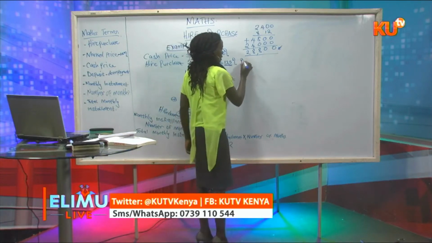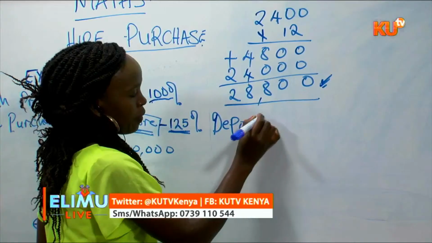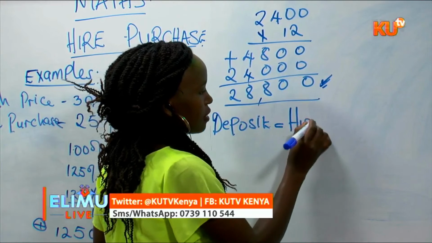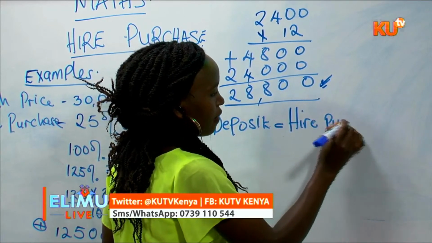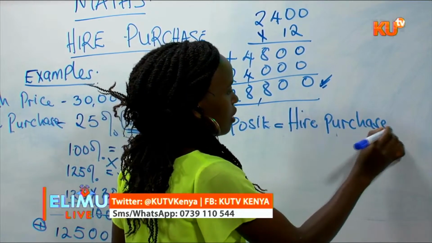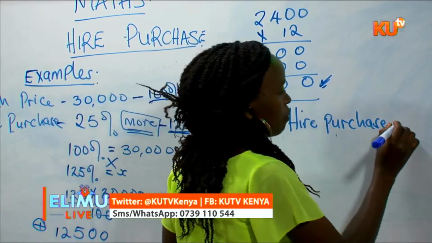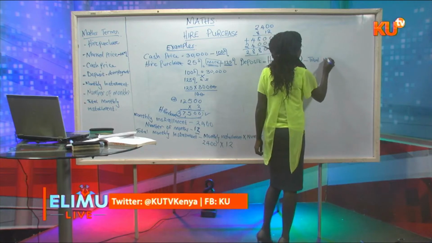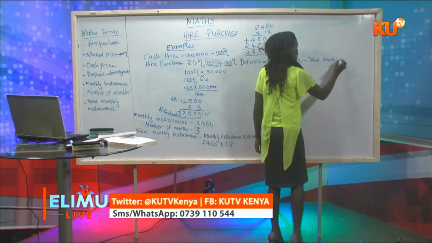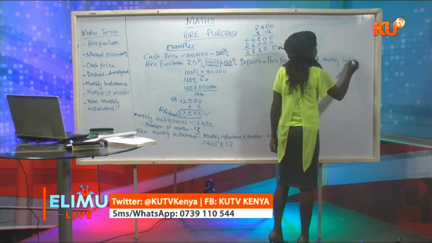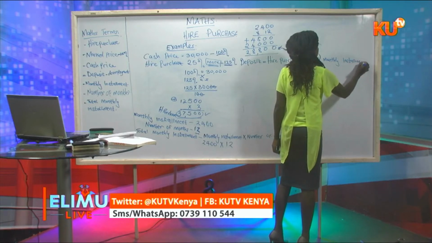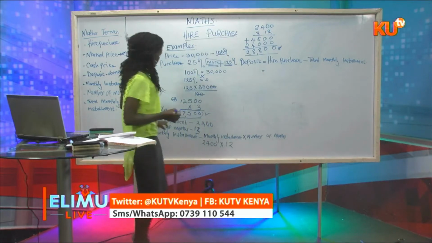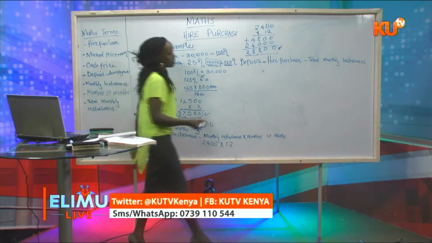To get the deposit, you take the hire purchase minus the total monthly installment. I hope you are with me. The hire purchase is 37,500.